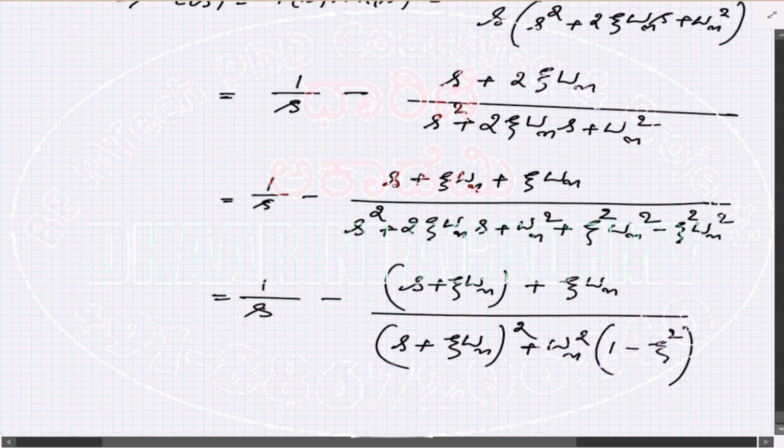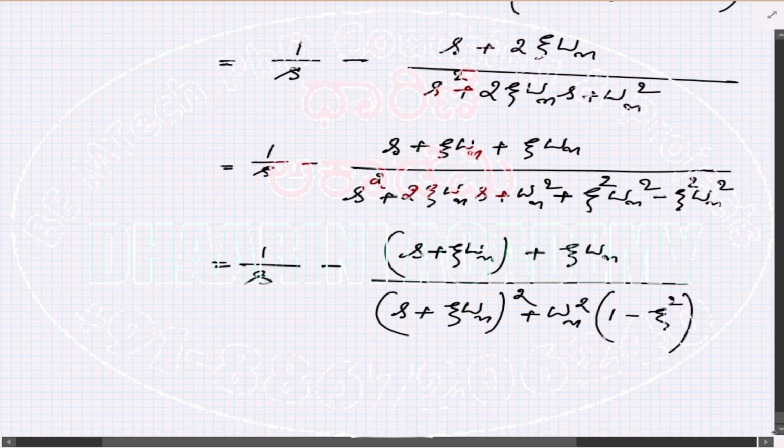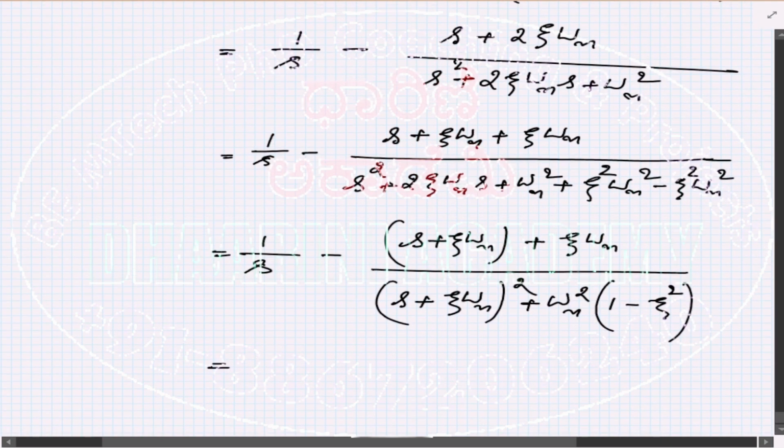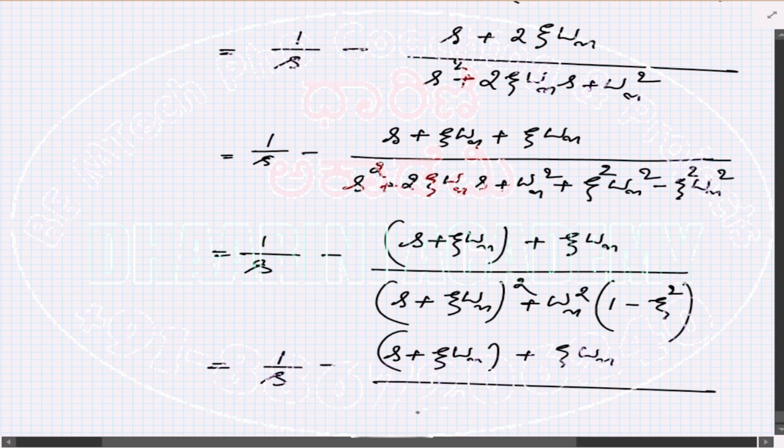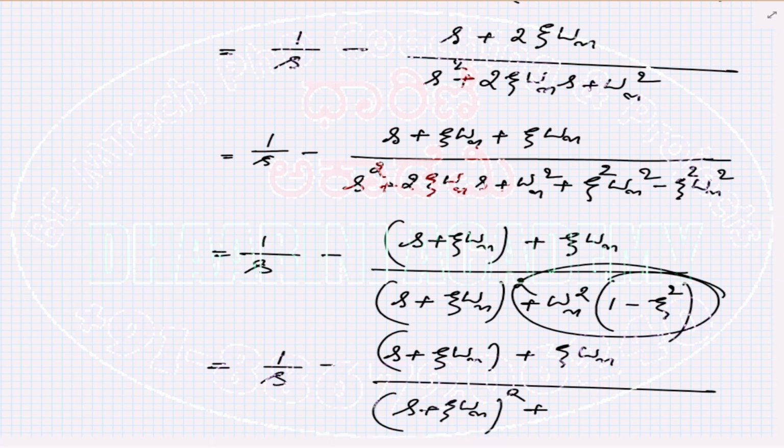So this is 1 by s minus, s plus zeta omega n in the numerator as it is, plus zeta omega n, divided by s plus zeta omega n the whole square plus what?